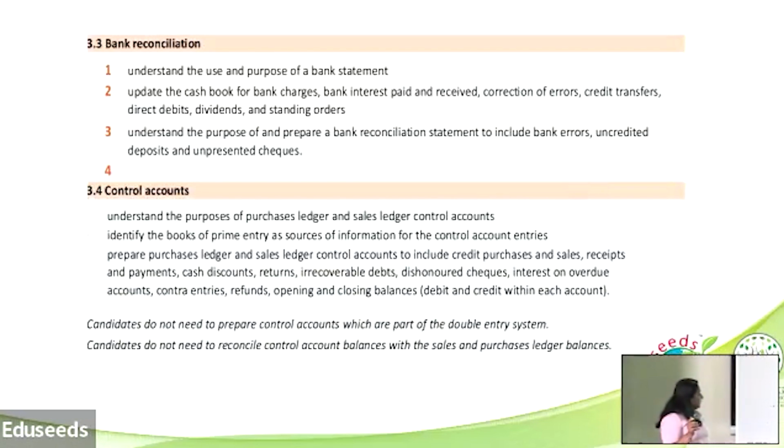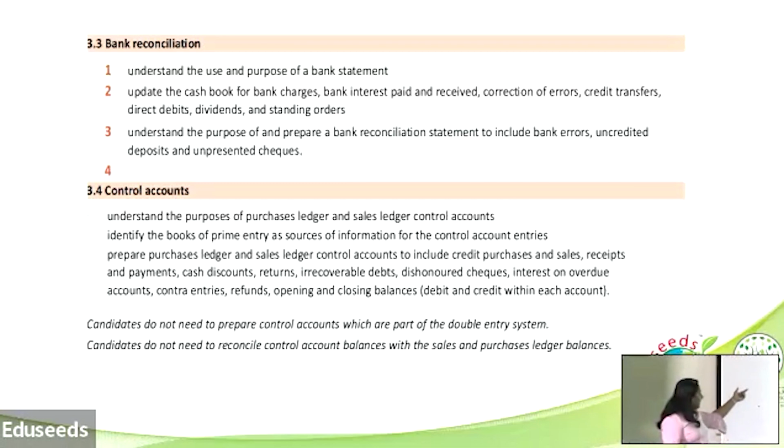And of course, you also need to do your bank reconciliation. What is bank reconciliation? When your cash book doesn't agree with your bank statement balance. So what we basically do in bank reconciliation is make the balances agree, both sides. What is the difference? For that, you need to know uncredited deposits, unpresented cheques.